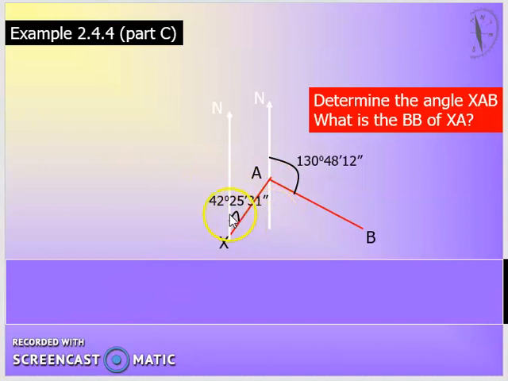Firstly, you can make use of the forward bearing of the line XA to find the backward bearing of the line XA. Because when you can find the backward bearing of the line XA, you just take the backward bearing, subtract away the forward bearing of the line AB, and you can get the interior angle XAB.